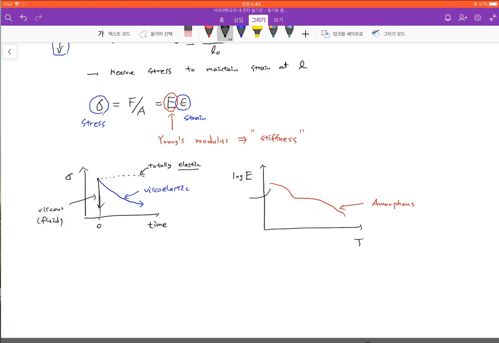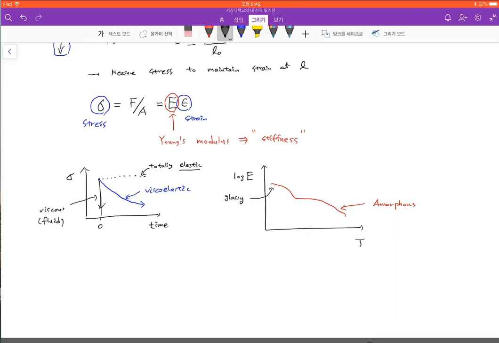At very low temperature, it shows glassy behavior. It's like a frozen solid.